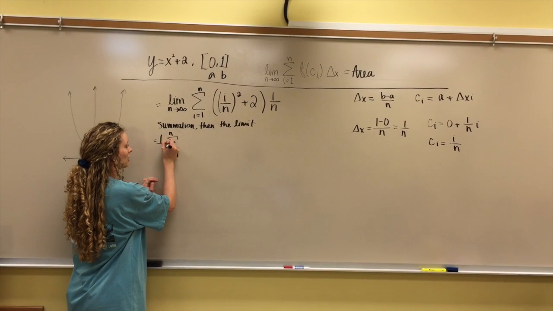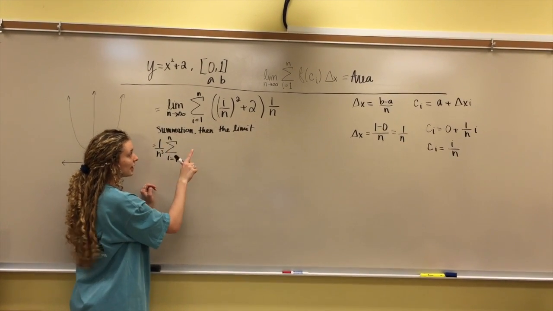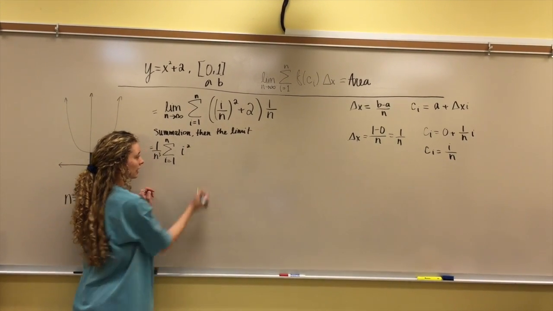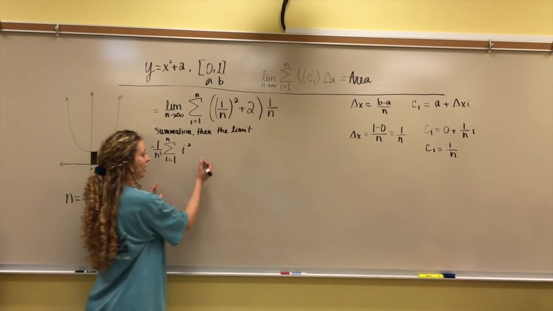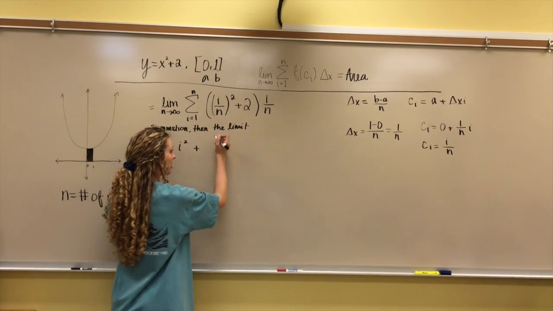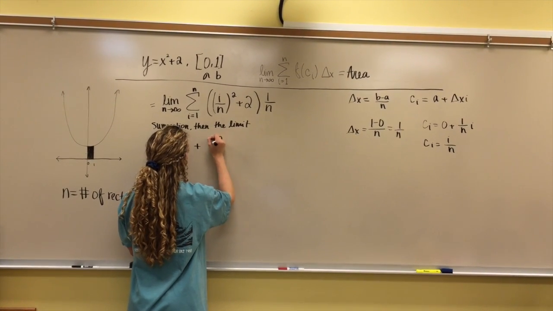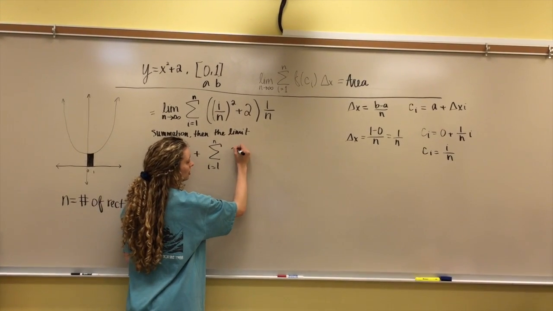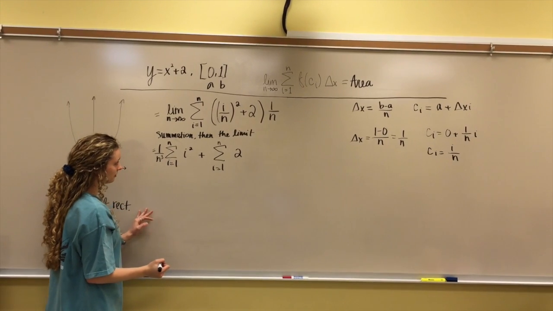So it's going to be 1 over n cubed. And then what we have left over is i squared, like that. And then we have to find the summation of 2 as well. So we're going to have the summation from i equals 1 to n of 2, like this.